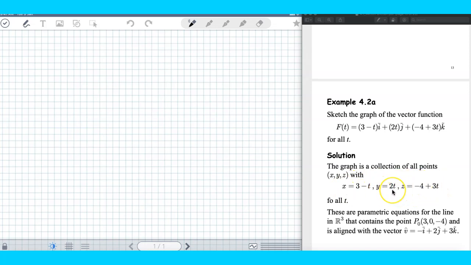So that means we can expect the graph that we should sketch later on to be linear, because all the equations here are linear equations. Okay, but you cannot just simply sketch the linear equation, because now you have the xyz components, right? So your graph should be in 3D.